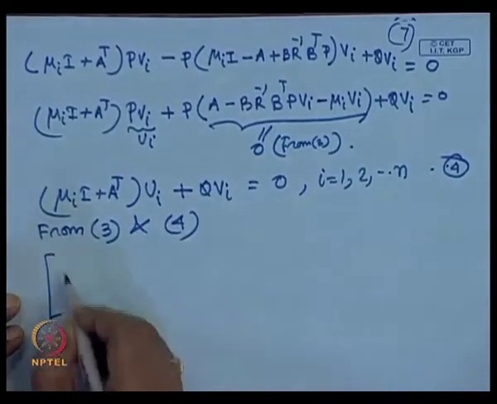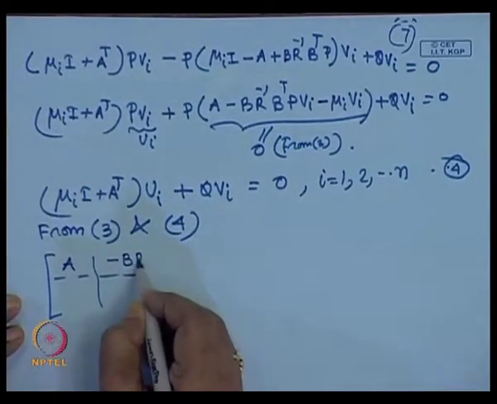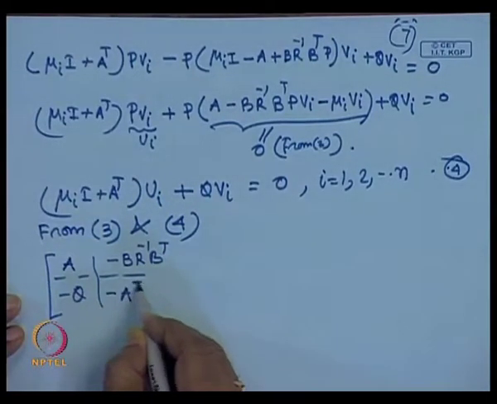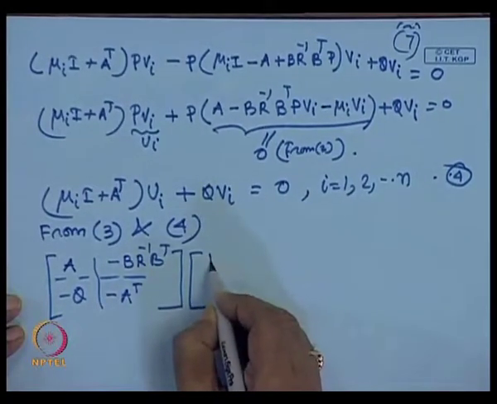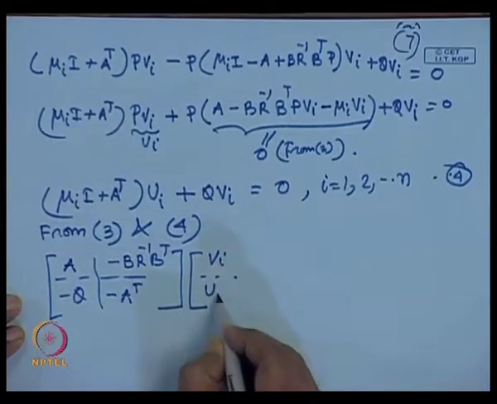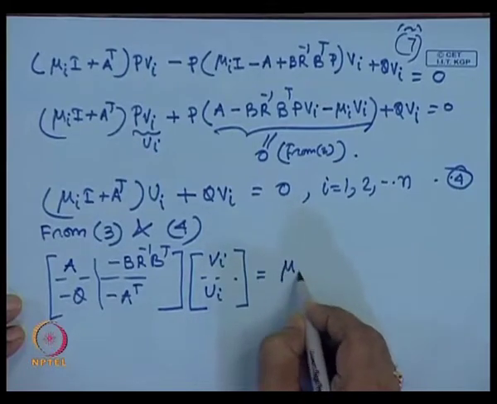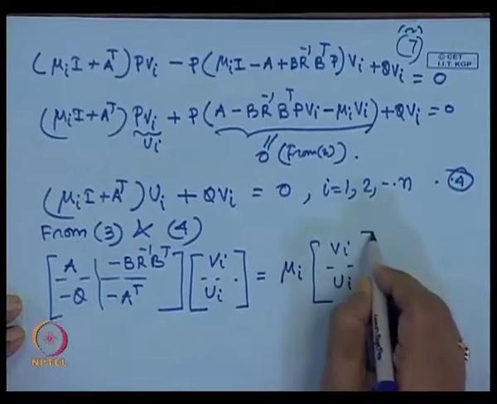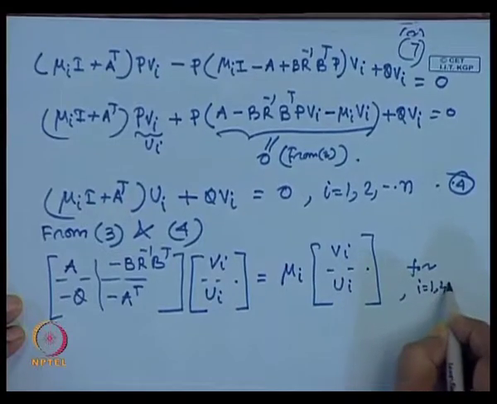So, from 3 and 4 we can write: the matrix A, minus B R inverse B transpose, minus Q, minus A transpose. This is the Hamiltonian matrix, and this multiplies V I, U I, which is equal to mu I times V I, U I.